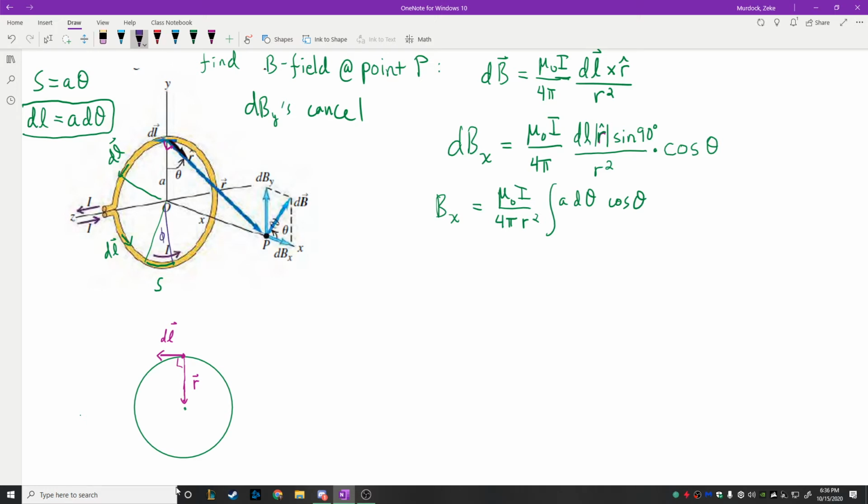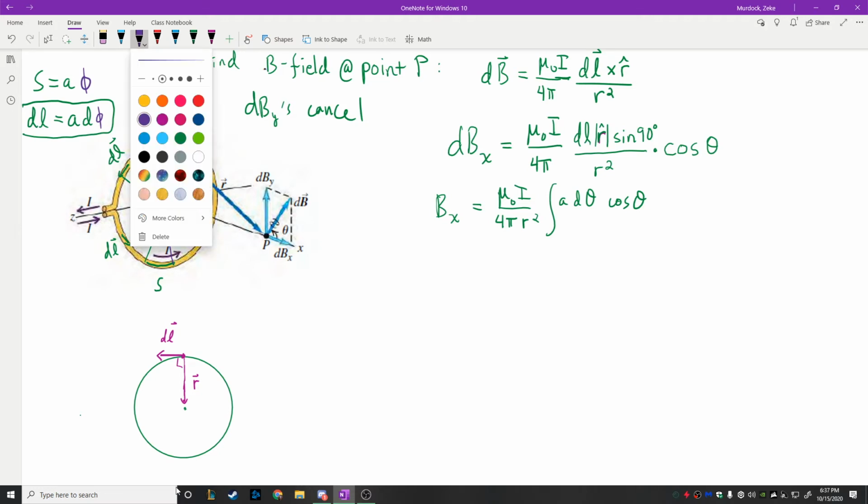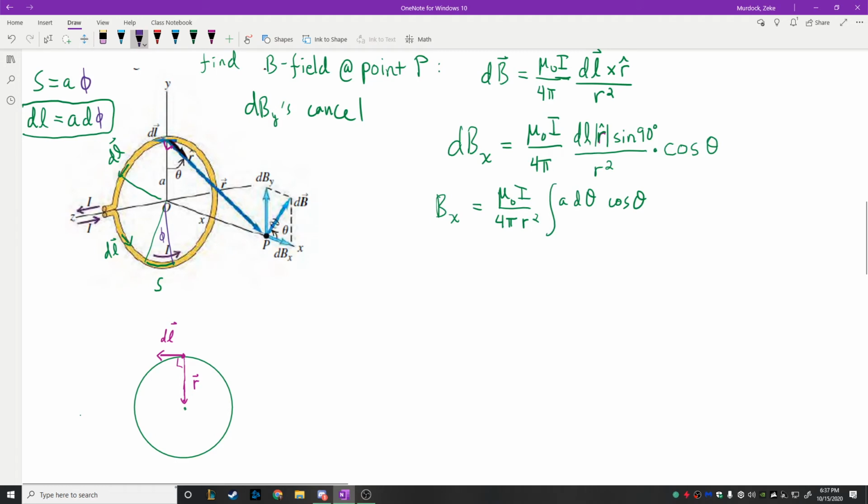I have to call this phi. Can you guys see why? Because theta is this, and theta is actually a constant, it's not varying. So I need to change this to a d phi. Otherwise we won't be able to actually do the integral. In fact, in retrospect, I didn't even need to replace dl.